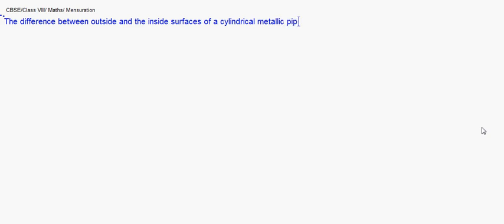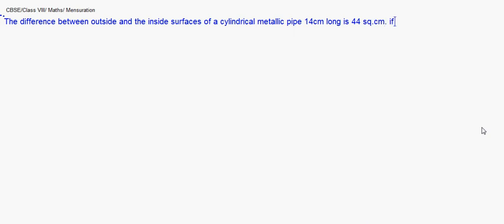It writes that the difference between the outside and the inside surfaces of a cylindrical metallic pipe 14 centimeter long is 44 square centimeters.